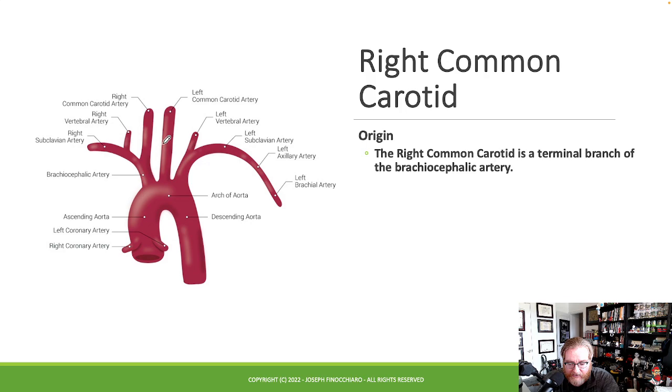The origin of the right is from the brachiocephalic, which comes off the arch of the aorta, and then we have our right common carotid. On the left, you can see the common carotid artery comes off the arch of the aorta itself. It is a terminal branch of the arch of the aorta. So that is something that is different between the right versus the left.